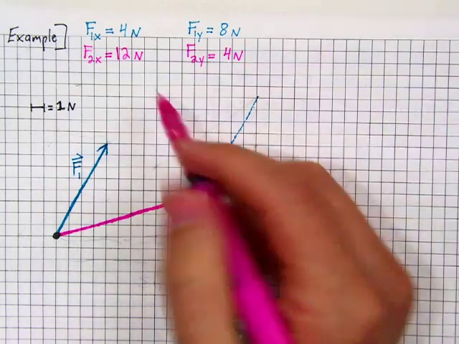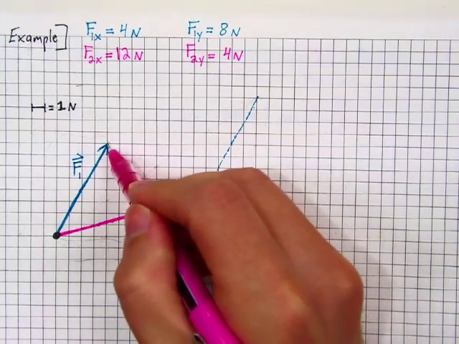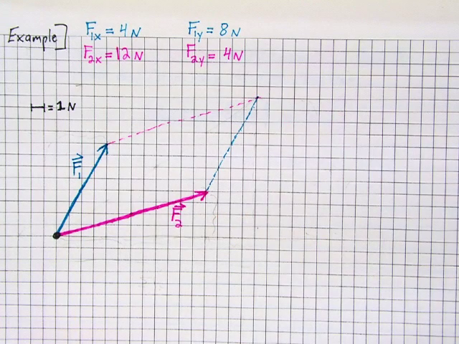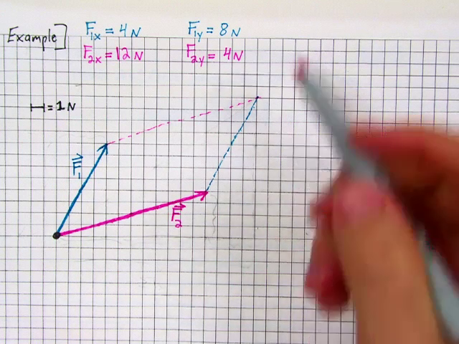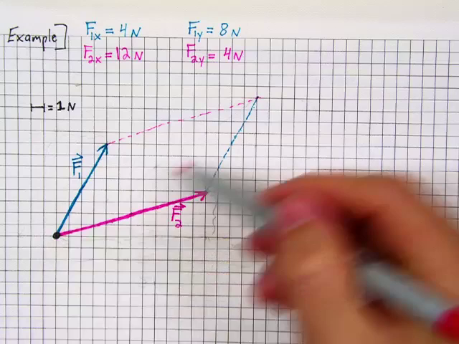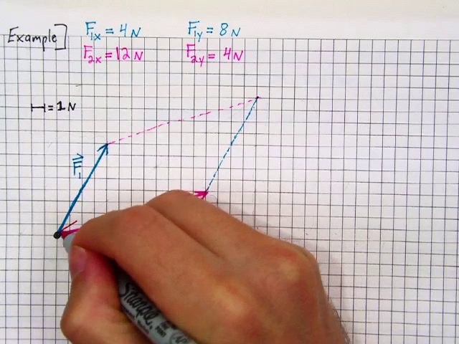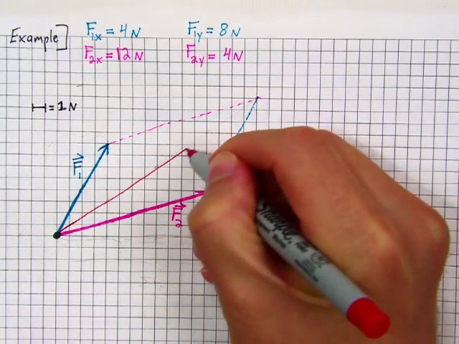And then the other side parallel to F2. There we go. And the sum of those should be the vector that points from here to the opposite corner, the diagonal. This is our net force.